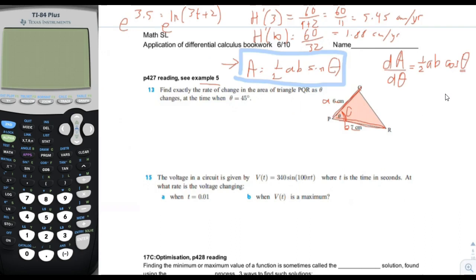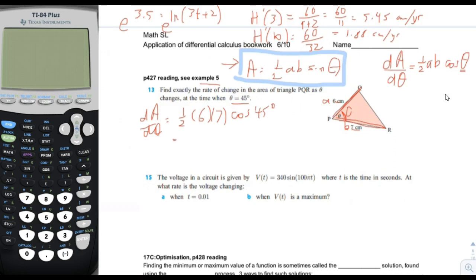Okay? And then it asks us, what is the exact rate of change at theta equals 45 degrees? So now we're going to plug that in here. So 1/2, and A is going to be 6, and B is going to be 7. And cosine theta is going to be cosine of 45 degrees.